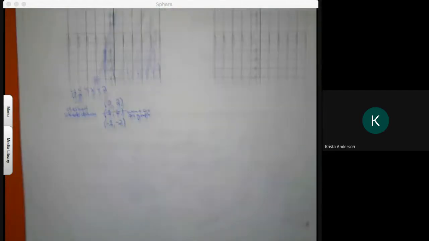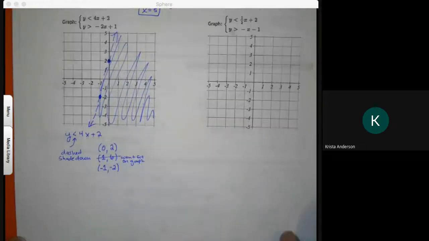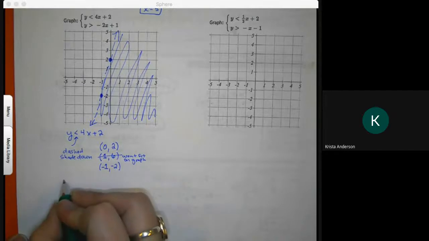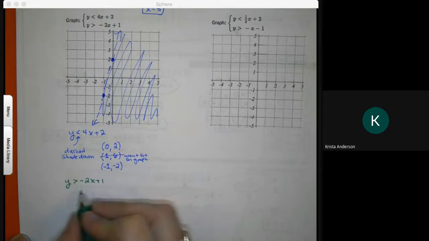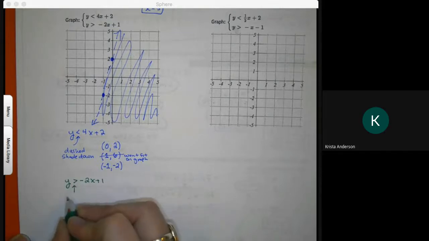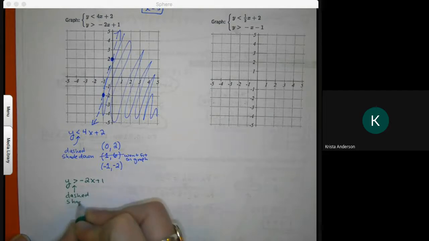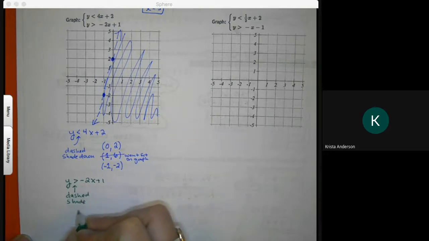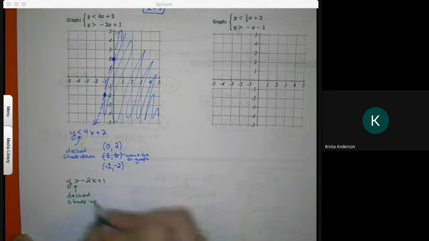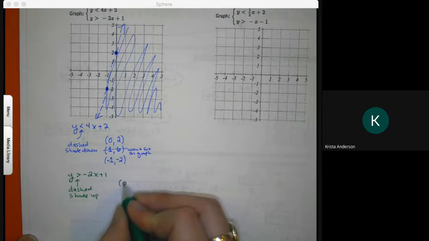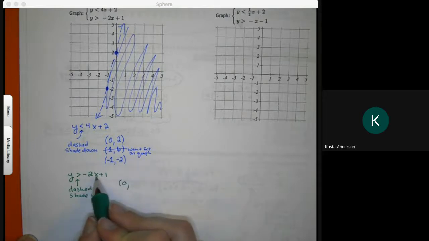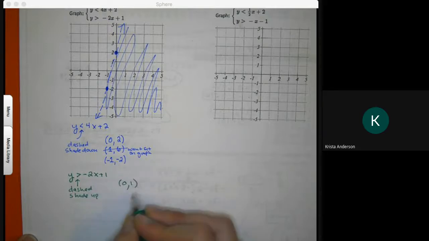Then I do the same thing for y is greater than -2x plus 1. I look at my sign, it's dashed. This time, because it's greater, shade above. If I plug in a 0, -2 times 0 goes away, 0 plus 1 is 1.